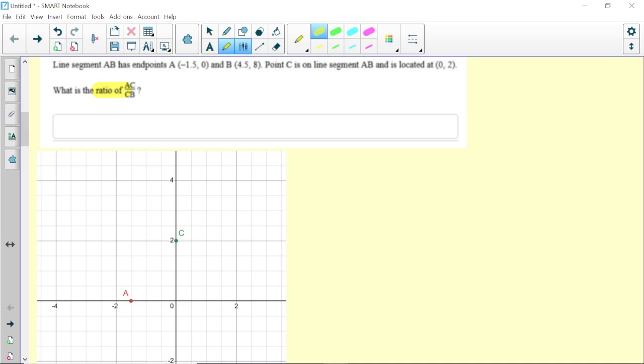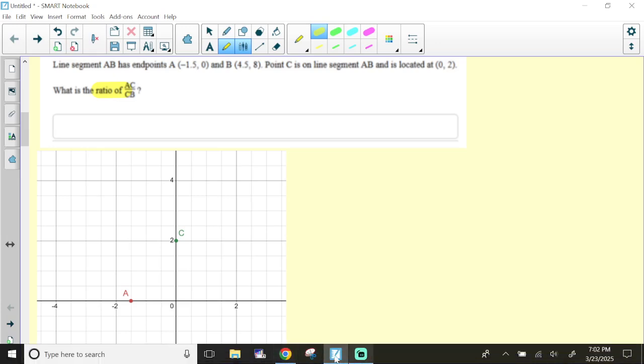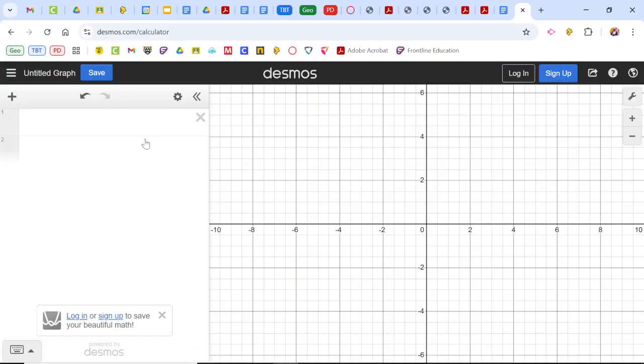So this one, I think it would be beneficial to use Desmos, where you can plug your points in and see what it looks like. You can do some graphing. You can do your distance steps. I'm going to pull up Desmos and show you that we can type in these points, -1.5, 0, and we can even put a little label and call that point A. So it's nice and neat for us right here on our graph.